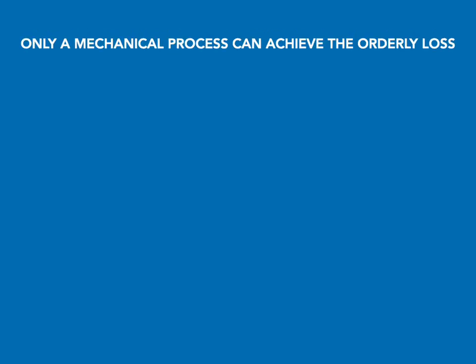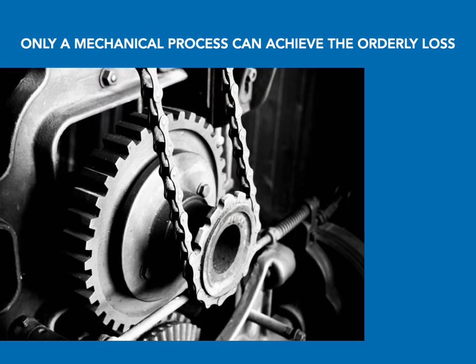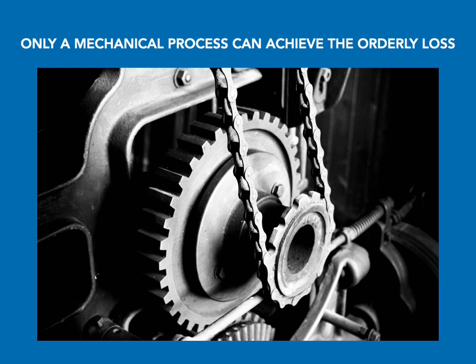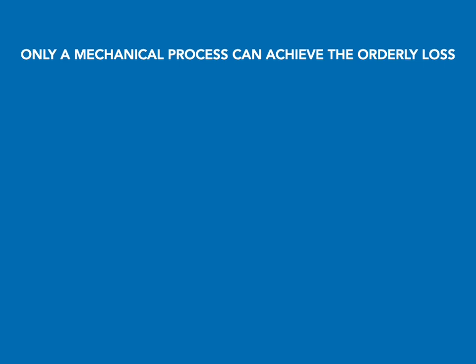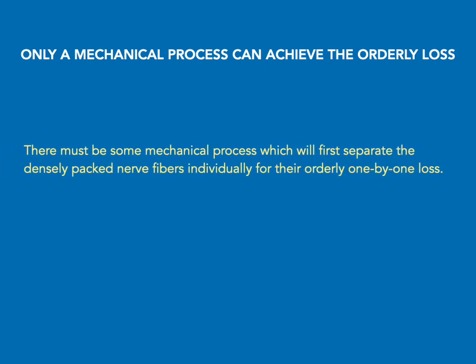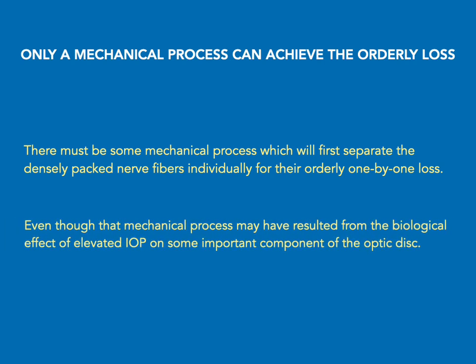What may be the answer to this puzzling question is that only a mechanical process can lead to the orderly loss of nerve fibers in glaucoma. There must be some mechanical process which will first separate the densely packed nerve fibers individually for their orderly one-by-one loss, even though that mechanical process may have resulted from the biological effect of elevated IOP on some important component of the optic disc.